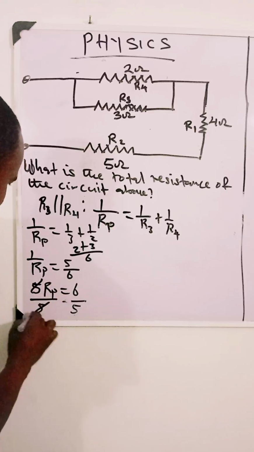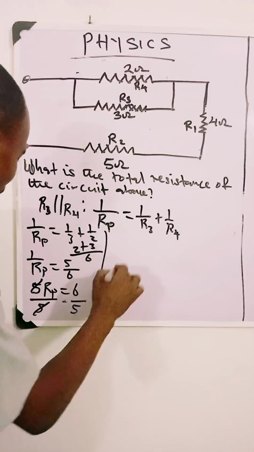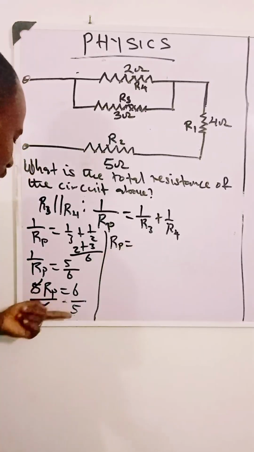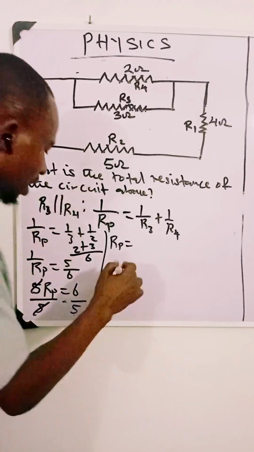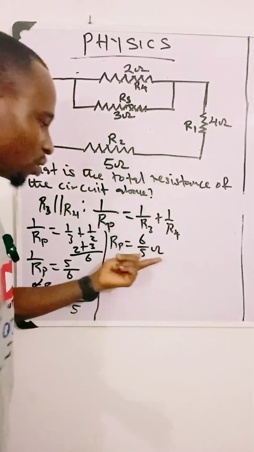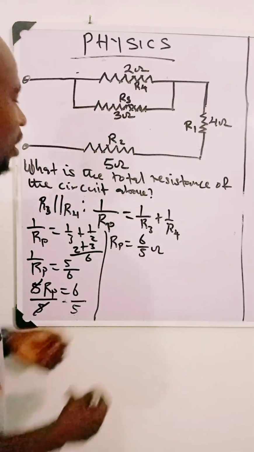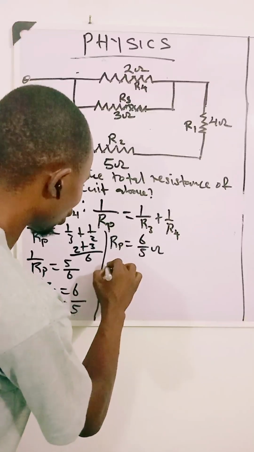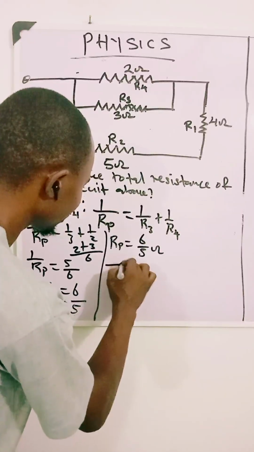Okay, this will cancel this. What I'm going to have as my RP, as total resistance in parallel of this circuit, is 6 over 5 ohms, right? Good. So let's proceed from here now, and my circuit is going to become like this.